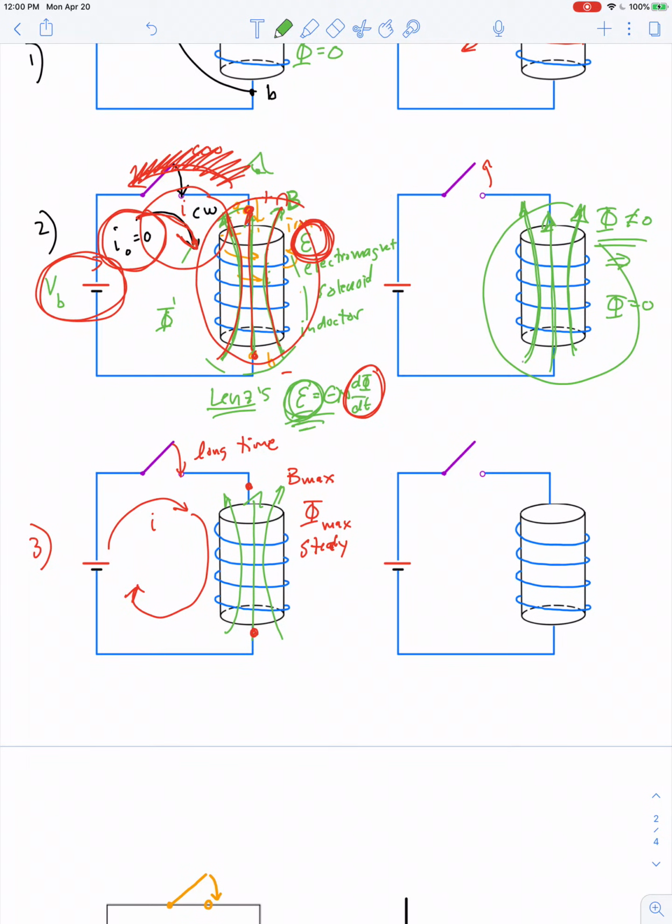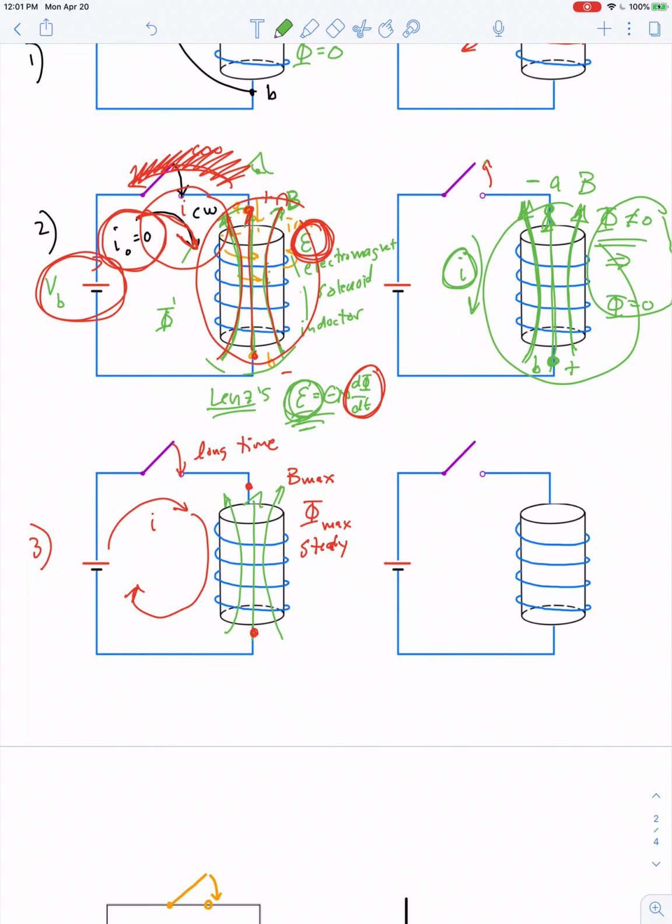And if the reason magnetism passes through the coils in this direction was because there was a current flowing clockwise through the circuit, then the act of opening the switch is going to create a rate of change of flux that's going to induce a voltage that tries to maintain this current at a steady value. And so terminal B becomes the positive terminal. Terminal A becomes the negative terminal.